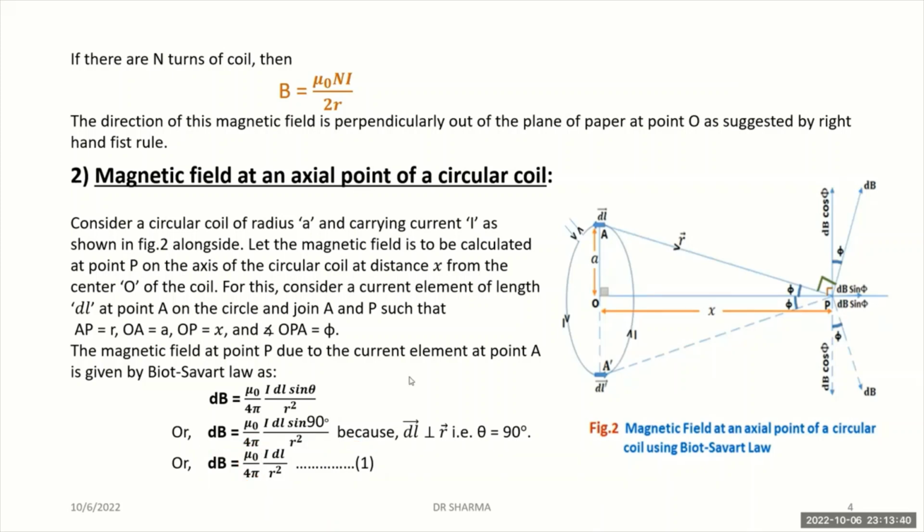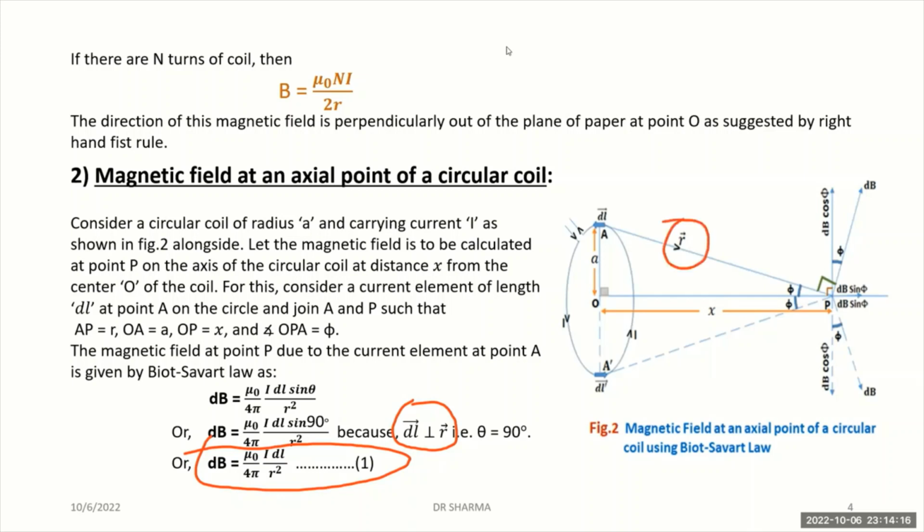To get the total magnetic field at point P, we must first think about the direction of this elemental flux density. According to Biot-Savart law, the direction is perpendicular to the plane containing both dl vector and r vector. Obviously, the direction of dB vector is perpendicular to r vector.